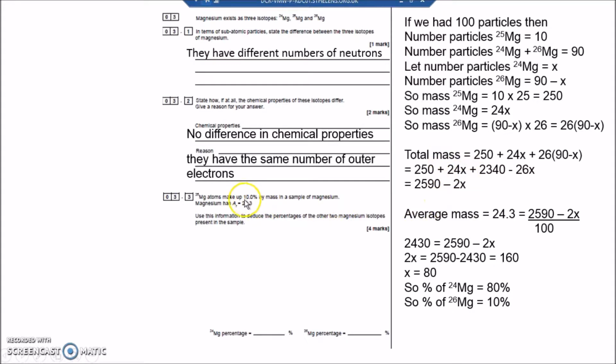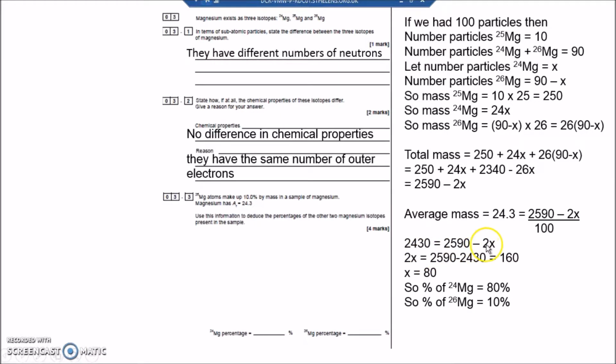The average, which is 24.3, is the total mass divided by the number of particles. Well, we've decided the number of particles was 100, so it's 2590 take away 2x divided by 100. Multiply both sides by 100, or take the 100 up onto the other side. 24.3 multiplied by 100 is 2430, which equals 2590 take away 2x.